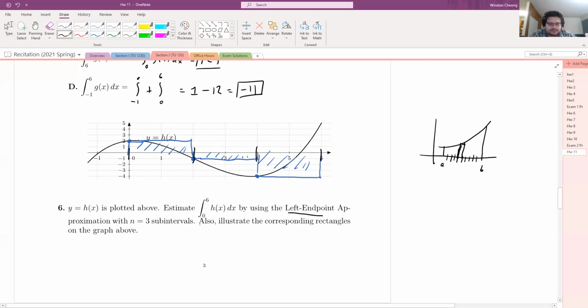The last thing is we want to actually calculate the area that's estimated using this approximation. So, notice that the rectangles all have the same width. So what we can do is factor out that width and then just add the heights. They all have the width of 2.